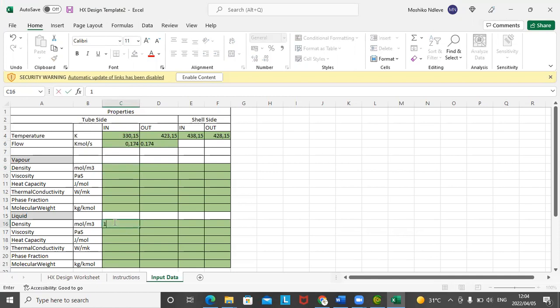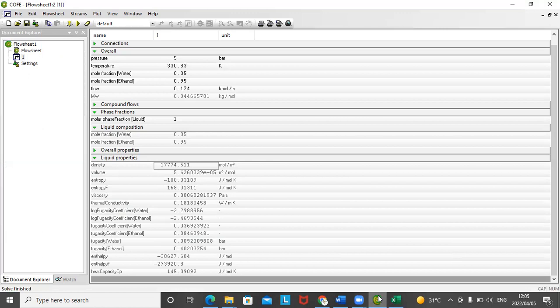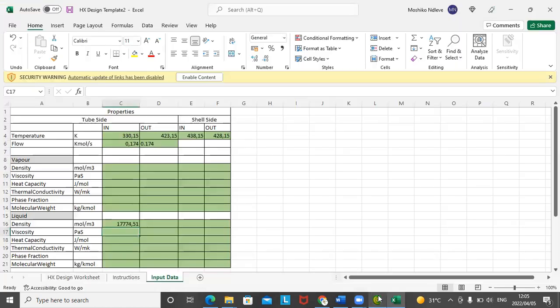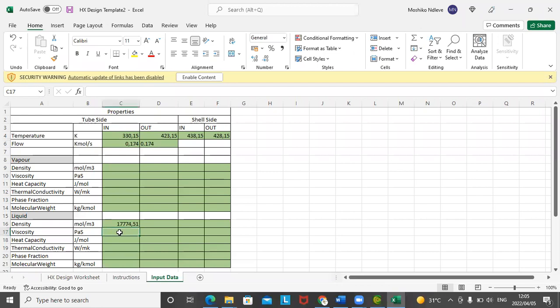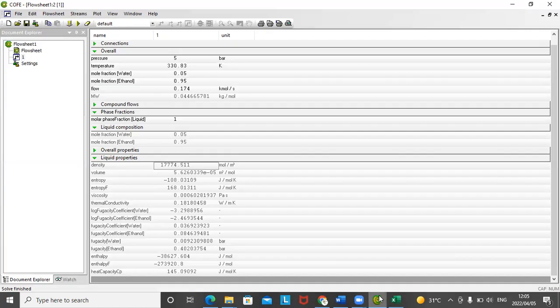17774.51. That's our density. Let's make sure that's correct. 17774.51. Yes. The next value we're looking for is our viscosity, and that will be 0.0006. That's our viscosity. 0.1236. Then our heat capacity.